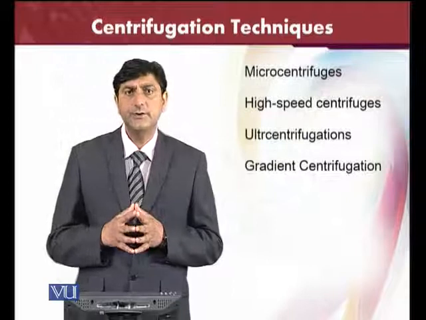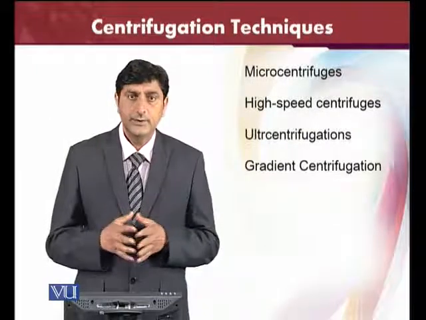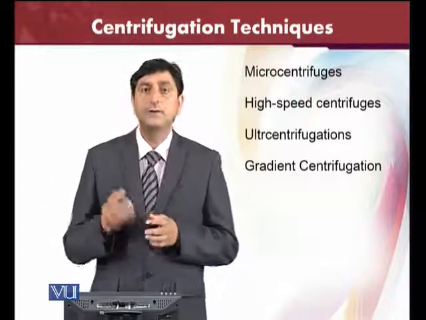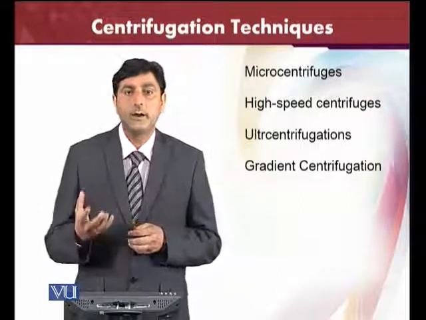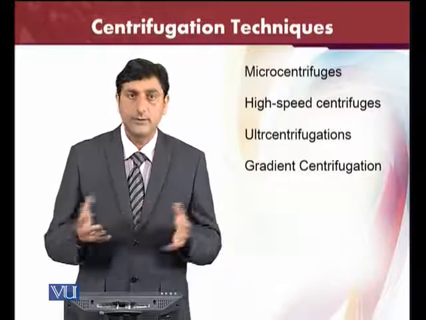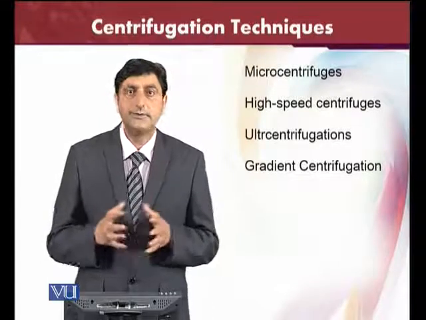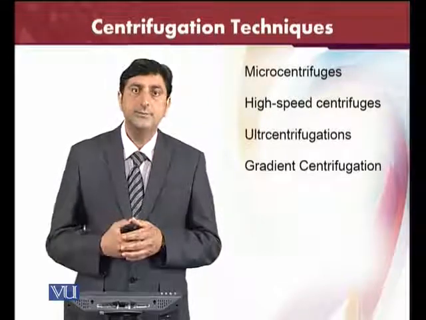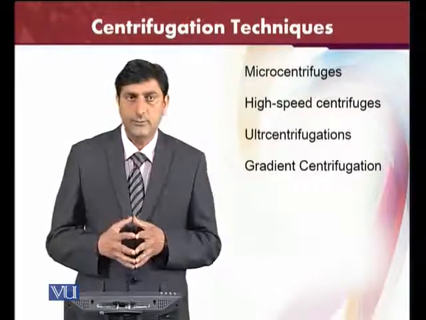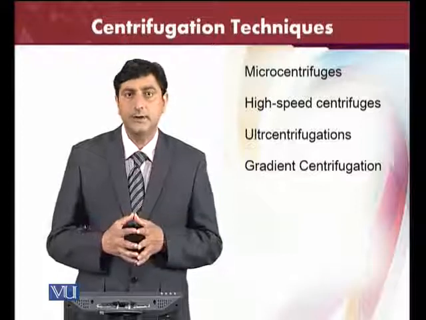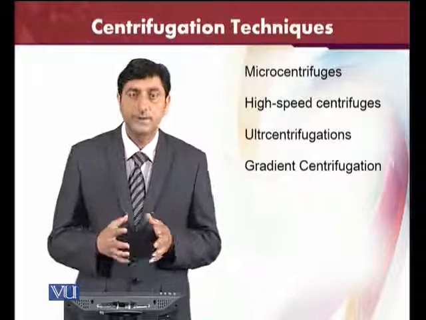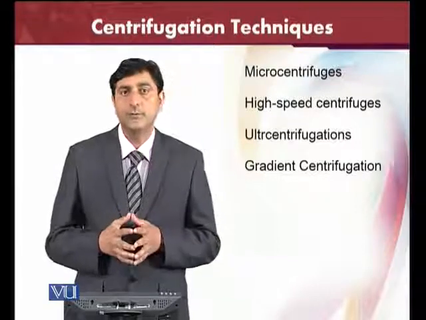We use different kinds of centrifuges, and these days we are using the high speed centrifuge. Microcentrifuges are very small, and we can just put them on the table. However, the speed, the revolutions per minute, cannot be very high; microfuges are available with a speed of only 3000 to 4000 rpm.